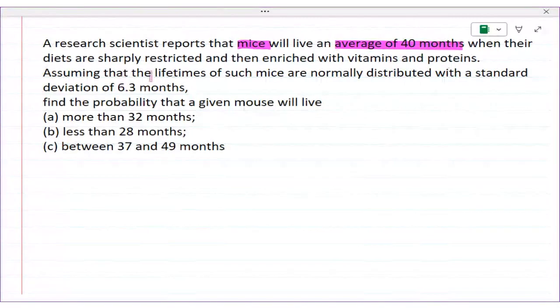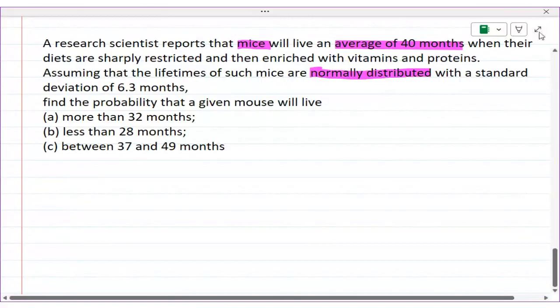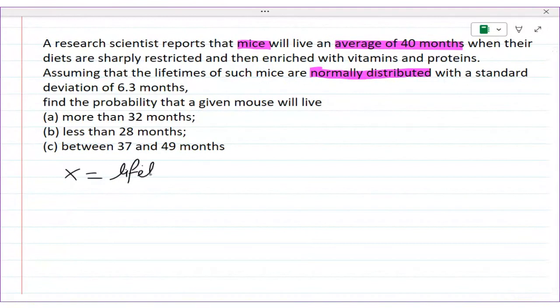Assuming that the lifetime of such mice is normally distributed. So what is X here? X here is the lifetime of such mice, whose diets are restricted and who are given vitamins and proteins.